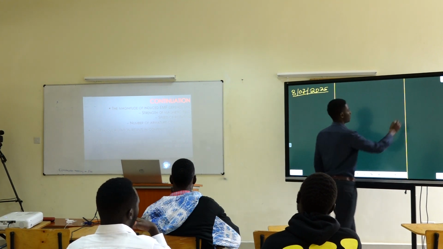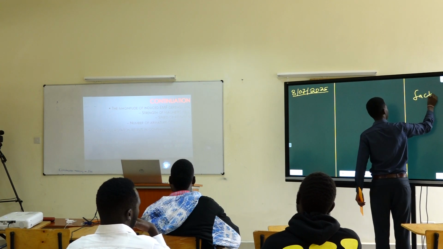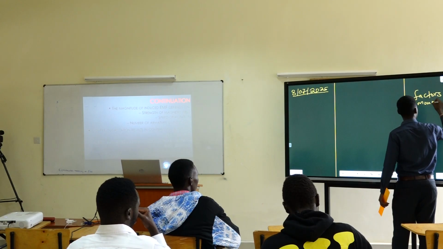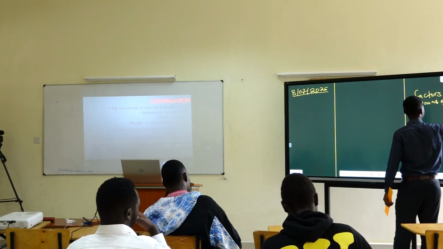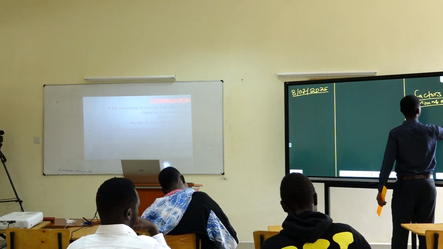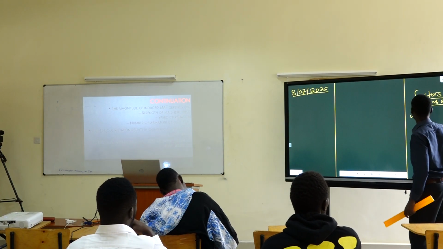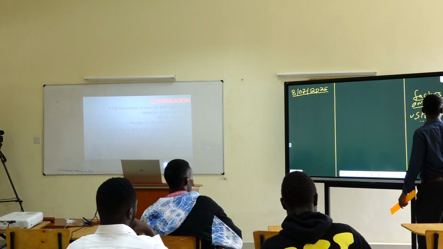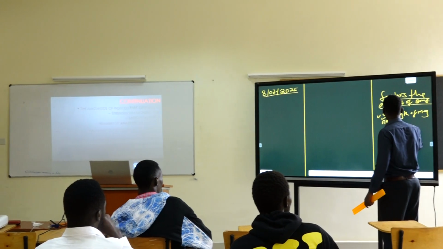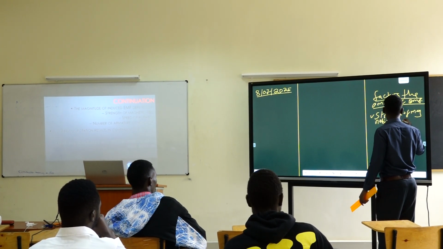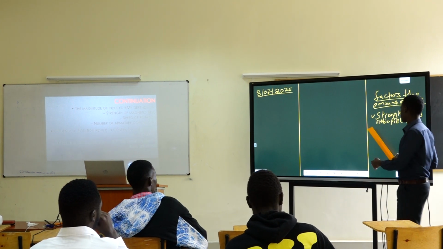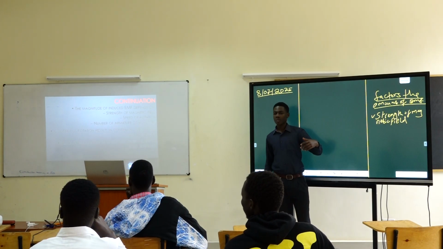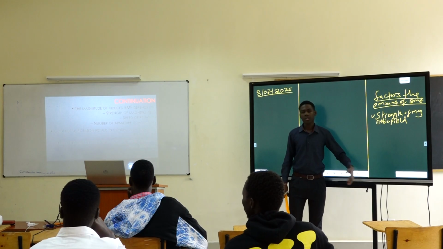Let us look at the factors affecting the amount of EMF. We have said that the strength of the magnetic field, when increased, means the amount of the EMF will increase.